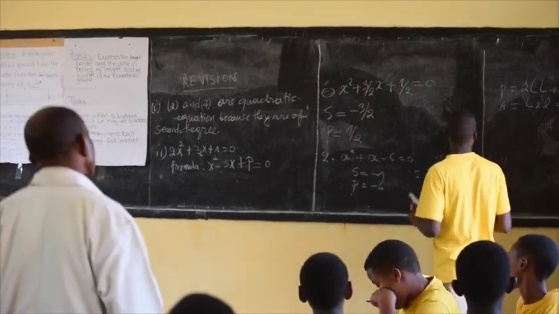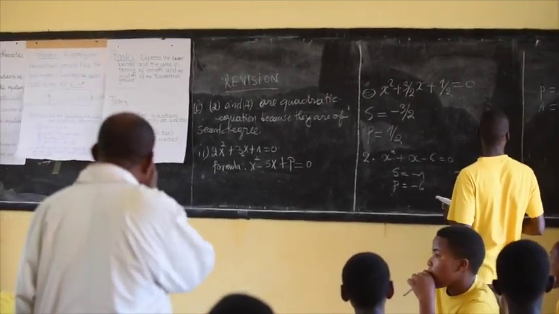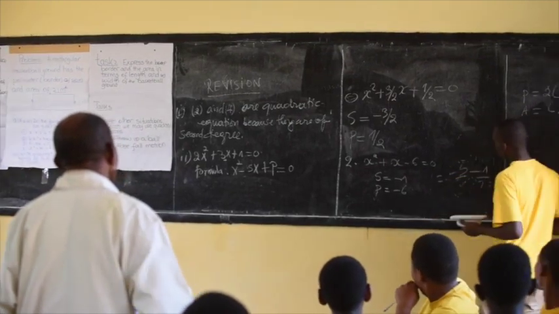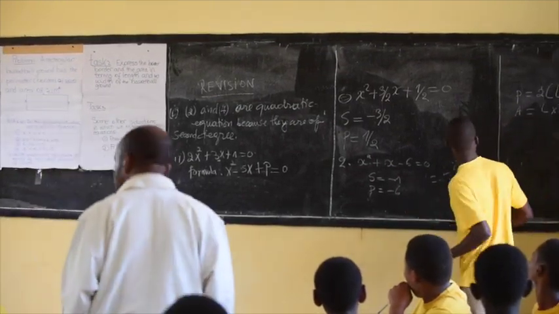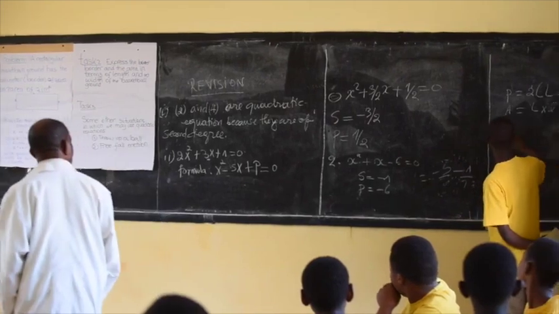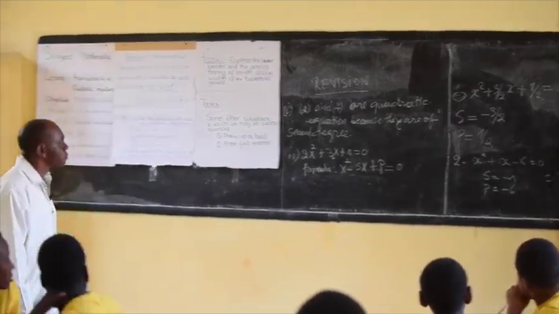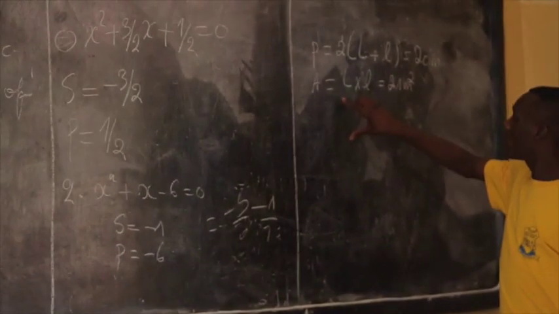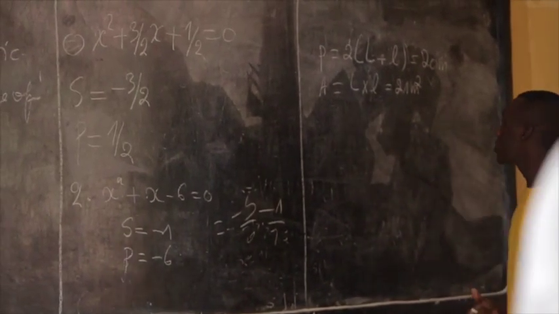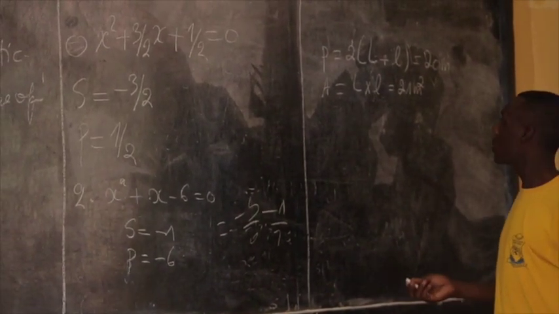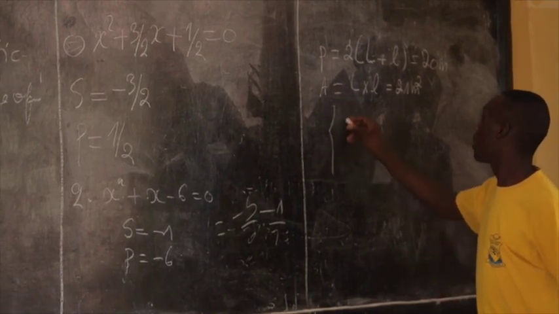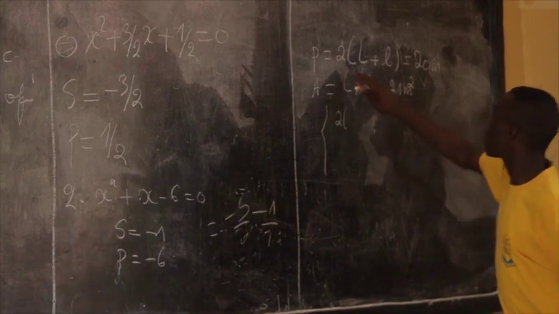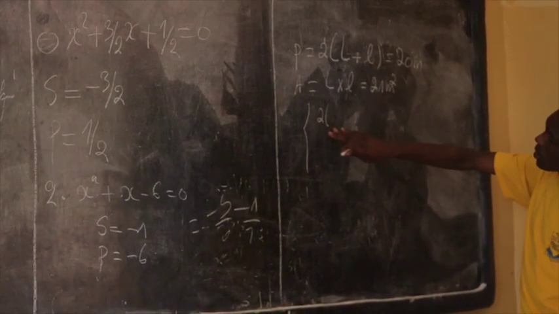Now, before we calculate the length and width, we may transform this into a quadratic equation as we studied. So before, we must look at the two equations and the method we can use. So I can use the method of simultaneous equations.